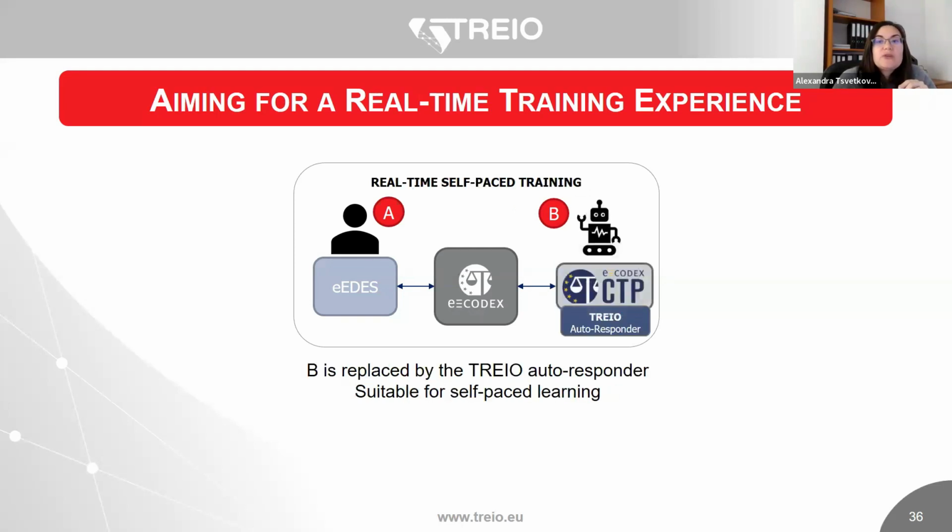So what we have tried to do is to replace your partner with the so-called TREIO autoresponder. So the TREIO simulator consists of a replica of the actual system, eEDES, plus the TREIO autoresponder that reacts to what you have done.